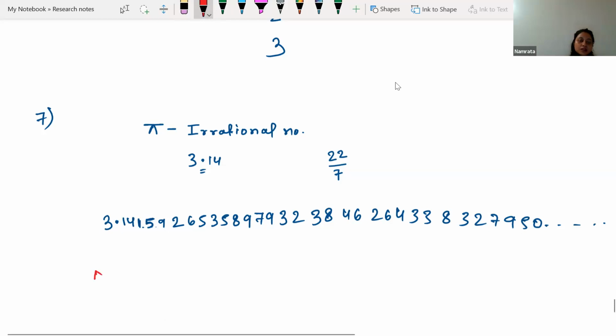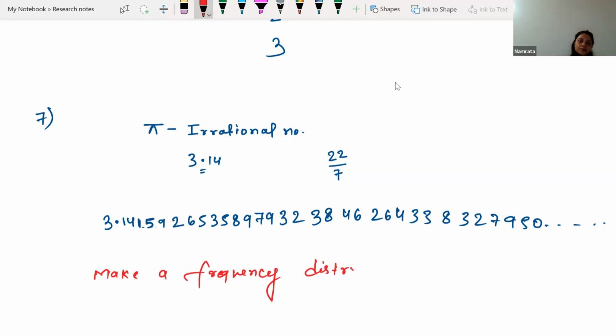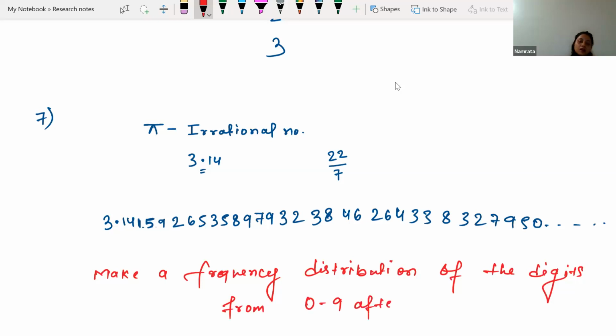It says make a frequency distribution table of the digits from 0 to 9 after the decimal point.